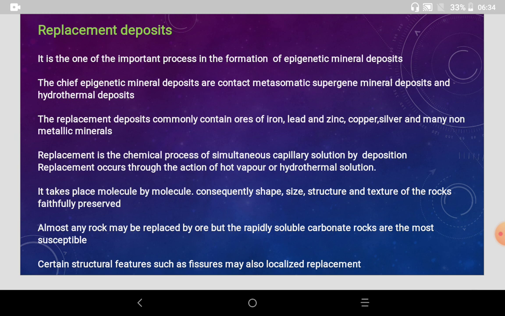The process of replacement may be summarized as follows. Replacement is the chemical process of simultaneous capillary solution and deposition. By this process, new minerals are substituted for earlier minerals and rocks.